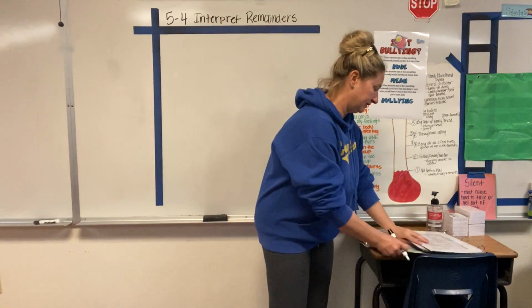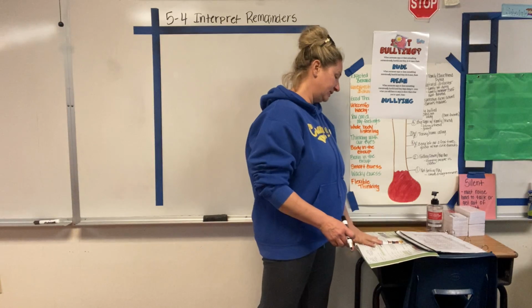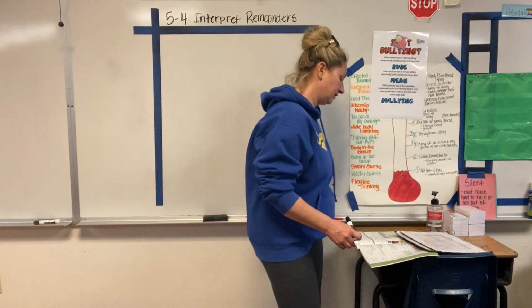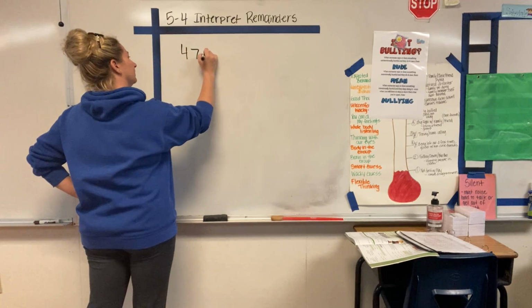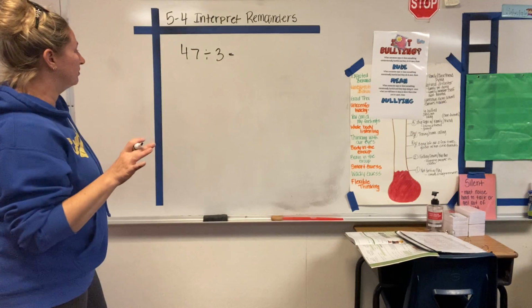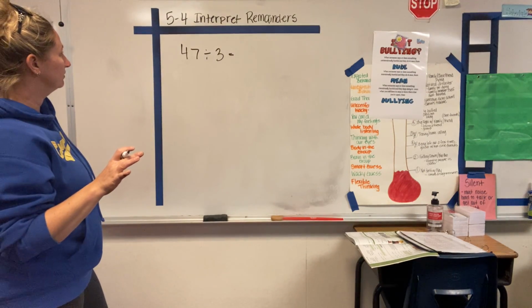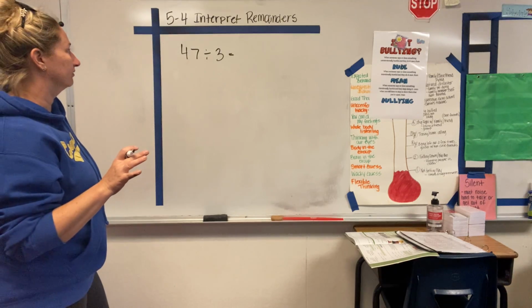Pictures are good though. They really kind of help you see what's going on. So let's see, 47 divided by 3. Now, this would be a really good problem. We can't really use my multiplication chart because it only goes up to 12s.